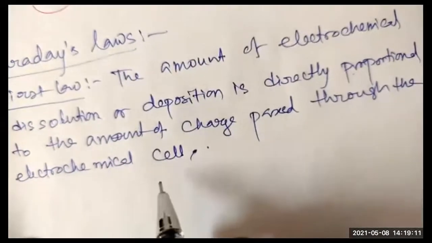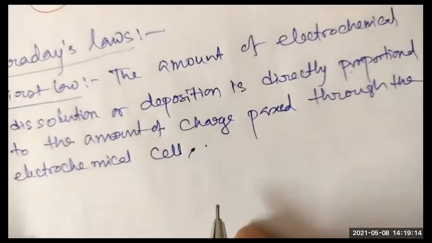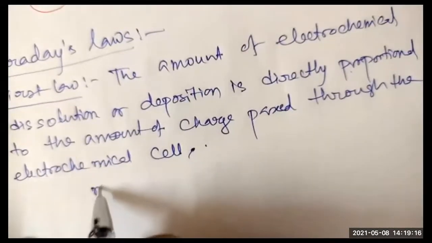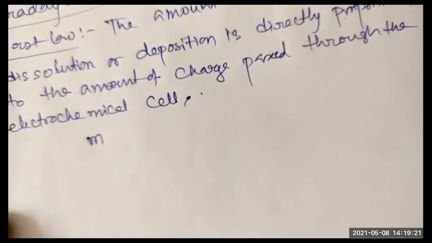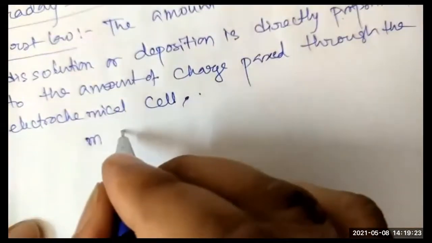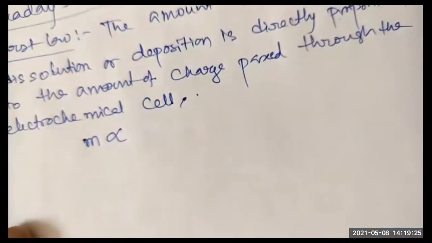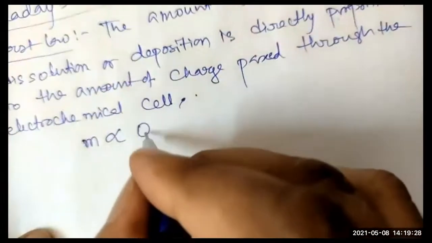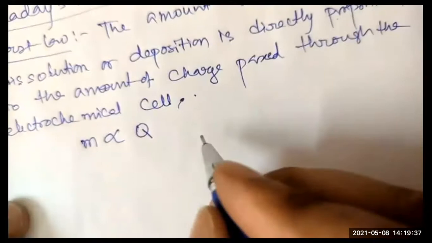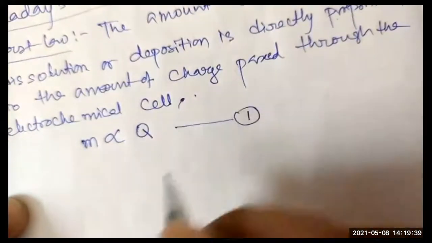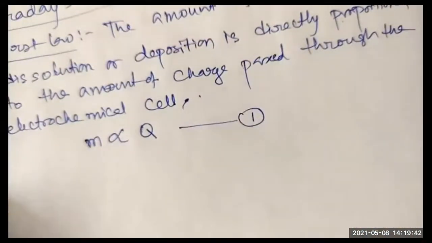We can write that the amount of material, say we are going to remove m amount of material, or the mass of the material is m, must be directly proportional to the charge q which is passed through the electrochemical cell. Okay, so let us consider that this is equation number 1.